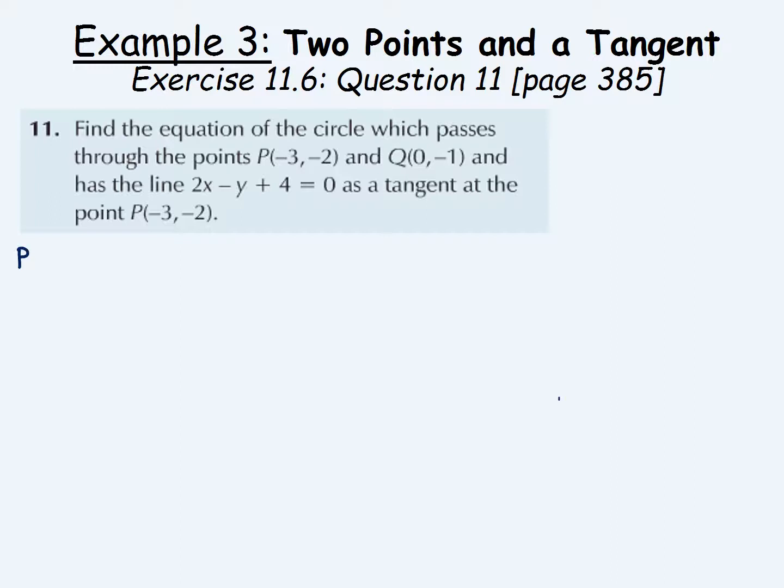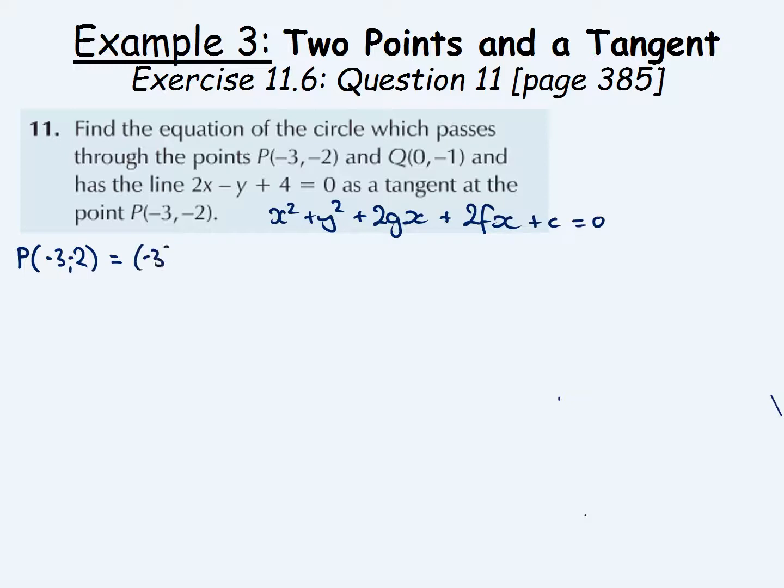So just like before, we know that the point P, minus 3, minus 2, is on the circle. So if we sub that in, and again, I'll put this up here, x squared plus y squared plus 2gx plus 2fy plus c is equal to 0.